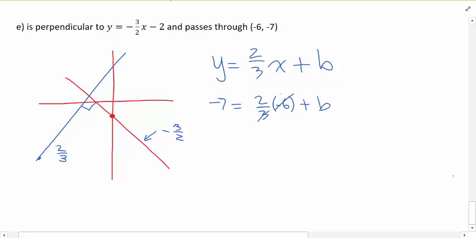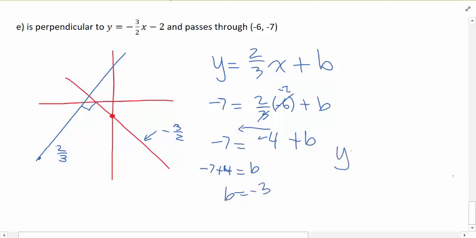Negative 6 divided by 3 is negative 2. So then you get negative 7 equals negative 4 plus b. Push the negative 4 to the side, so it's negative 7 plus 4 is equal to b. So b is equal to what? Negative 3. So y is equal to 2 over 3 x minus 3.